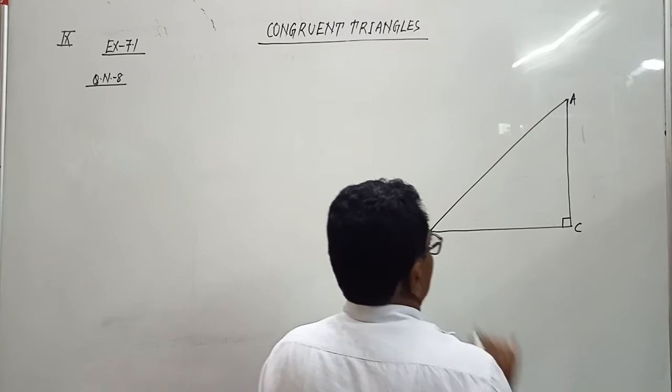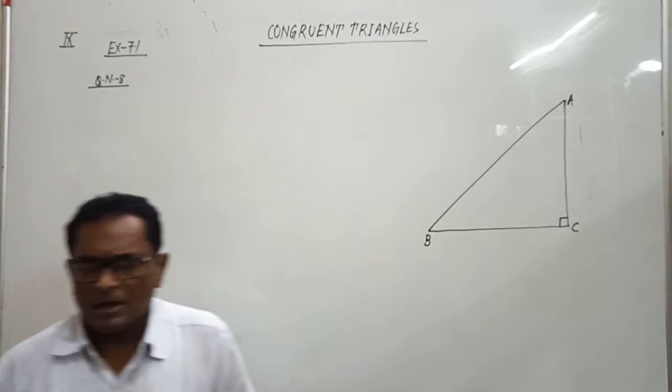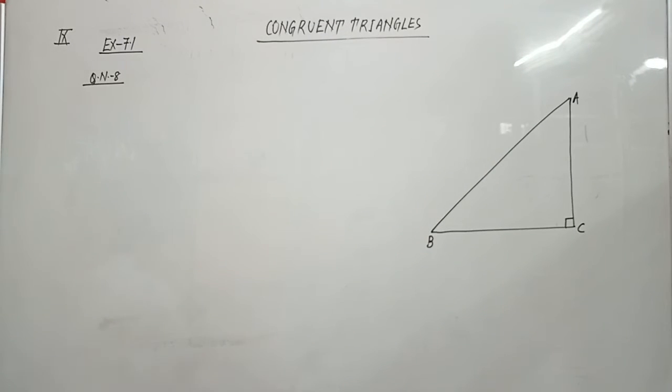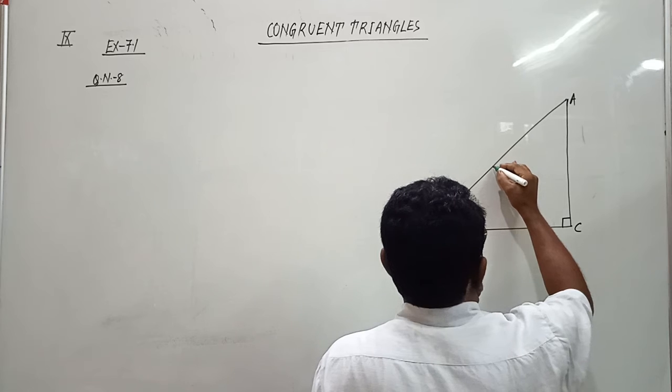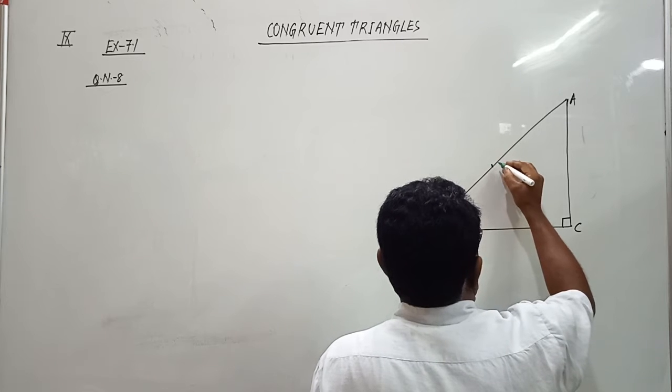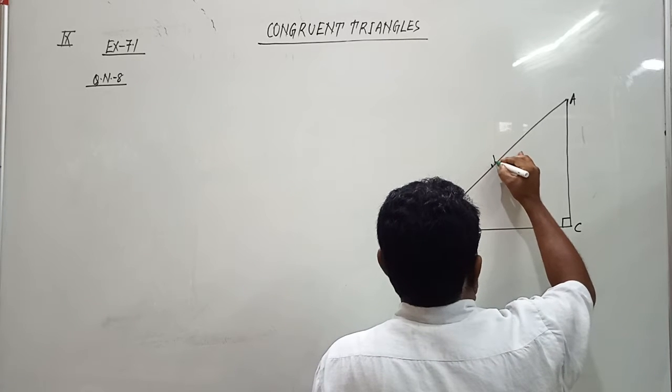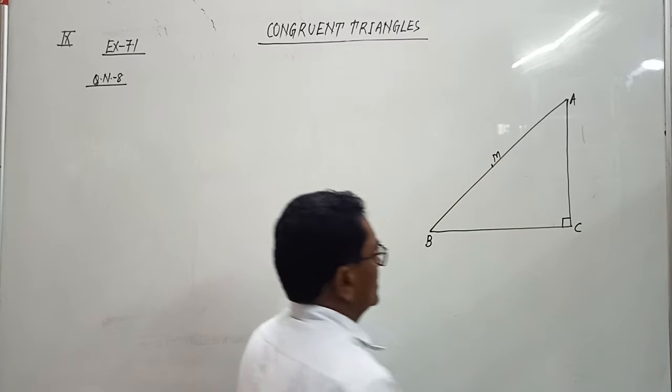We have given right triangle ABC, right angle at C. M is the midpoint of the hypotenuse AB. AB is the hypotenuse and M is the midpoint of hypotenuse AB.